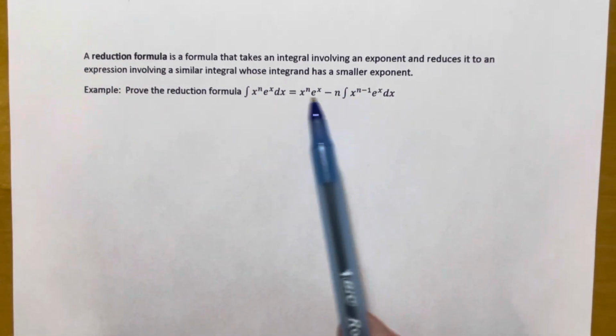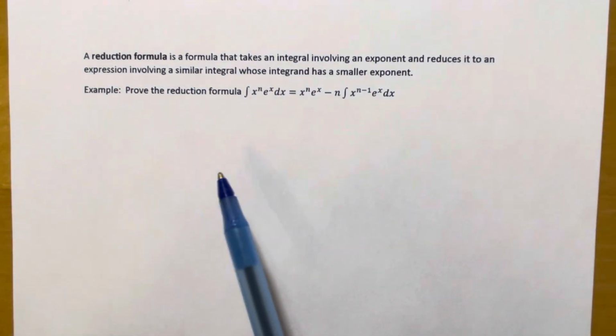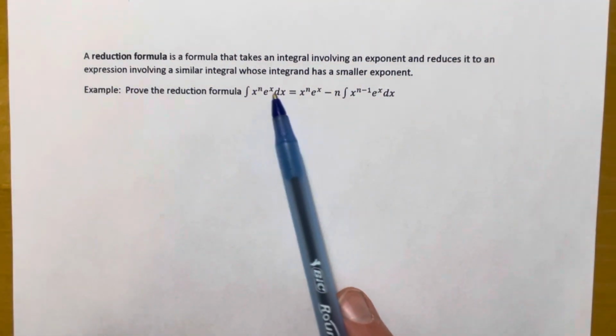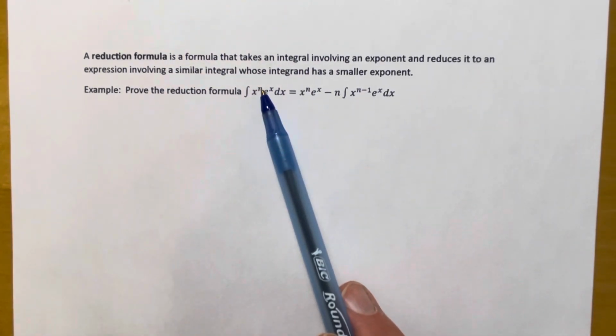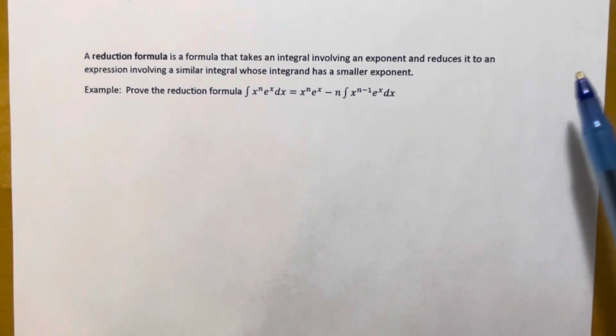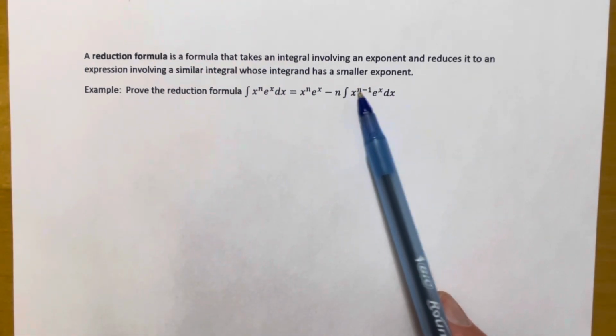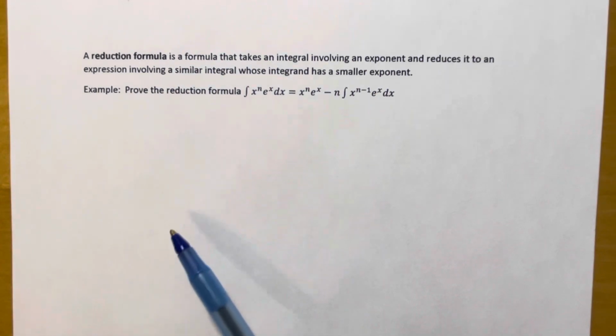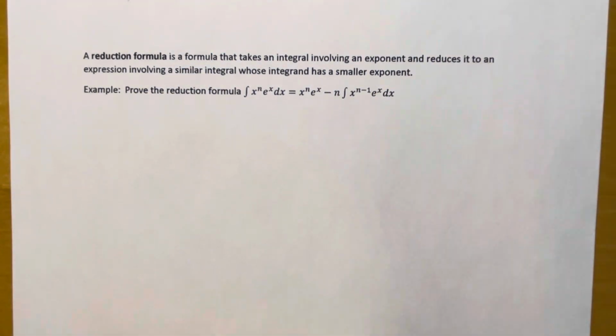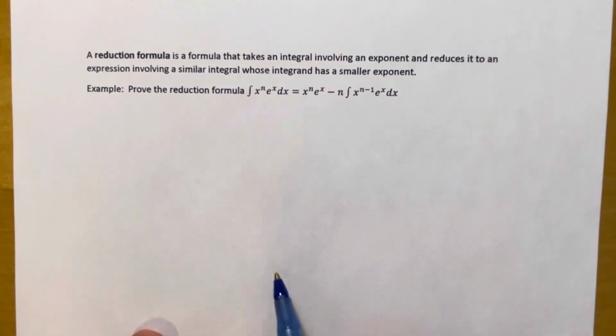And the goal is that if n is some integer, say n is like 10, I can apply my reduction formula over and over again, shrinking that exponent down by 1 each time until the exponent shrinks down to 0, eliminating that term here. So it's a formula that can be used as a shortcut for dealing with these sorts of integrals. But what we want to do is show that this reduction formula works.